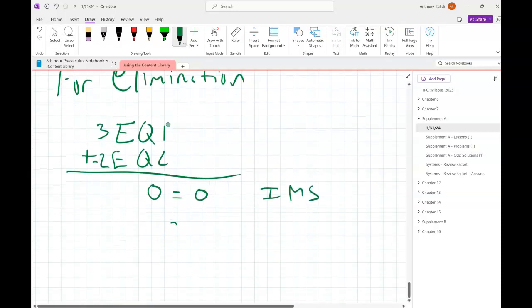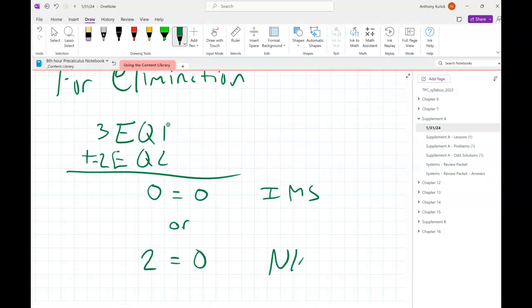Infinitely many solutions. But if I got something like that, it tells me no solution. Actually, it'd probably be the reverse, right? Well, here everything on the left will just cancel out, because the only things on the left are x's and y's. That's what that's saying, right? So that can happen.